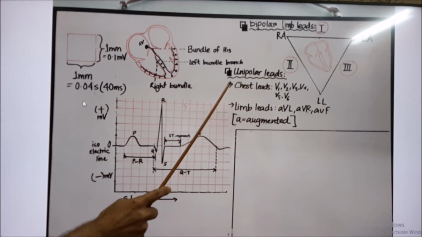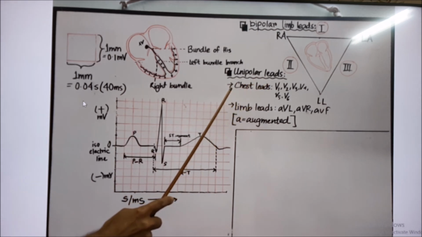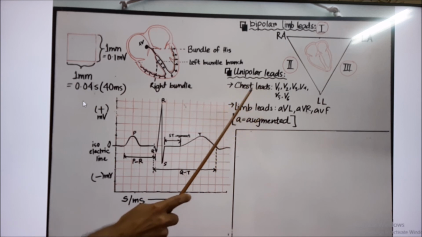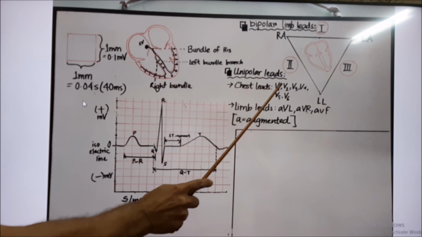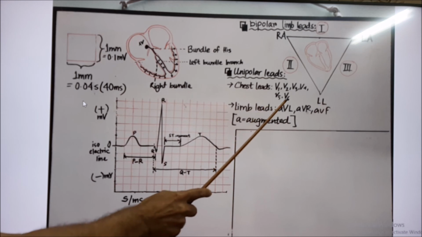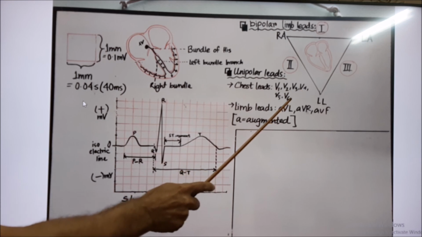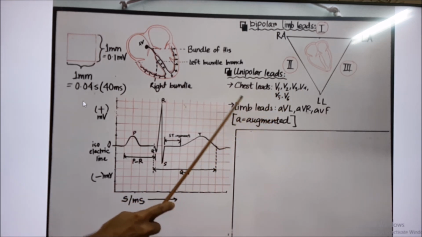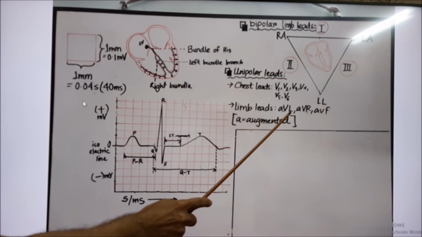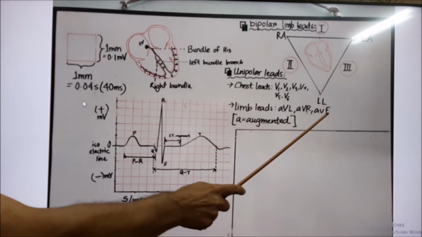Now come to the unipolar leads. Unipolar leads are again of two types: one is the unipolar chest lead, another is the unipolar limb lead. The unipolar chest leads are V1, V2, V3, V4, V5, V6, named according to placement of the lead. The unipolar limb leads are aVL for left arm, aVR for right arm, and aVF for left foot.